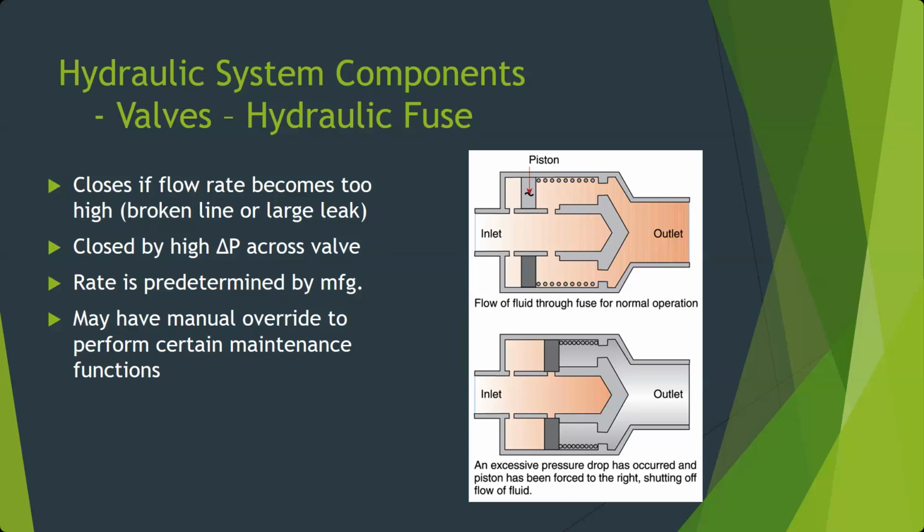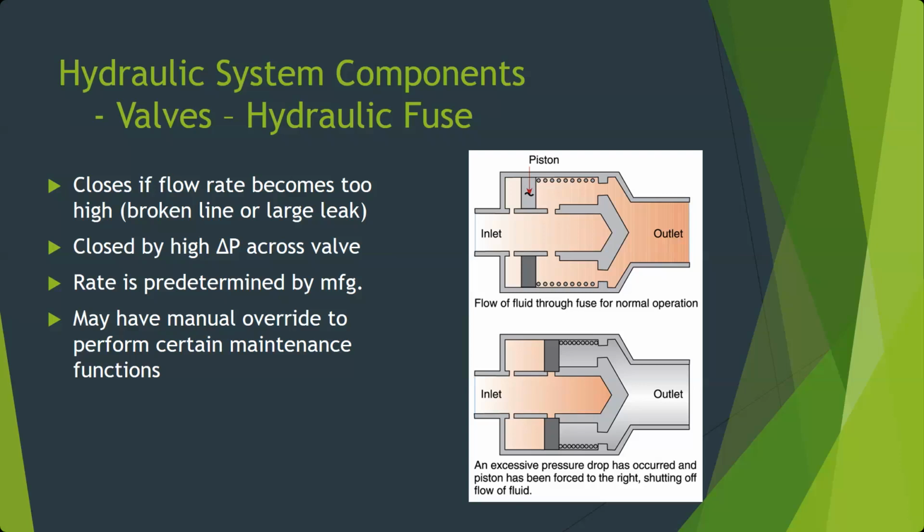In this case, we have our inlet here, and the normal path is fluid flows in the inlet, it goes up and down through these openings, and it goes out the outlet. And there's a spring, so you have about the same amount of pressure on both sides of this piston, but we've got a spring over here that's holding it to the left, helping to hold it open.